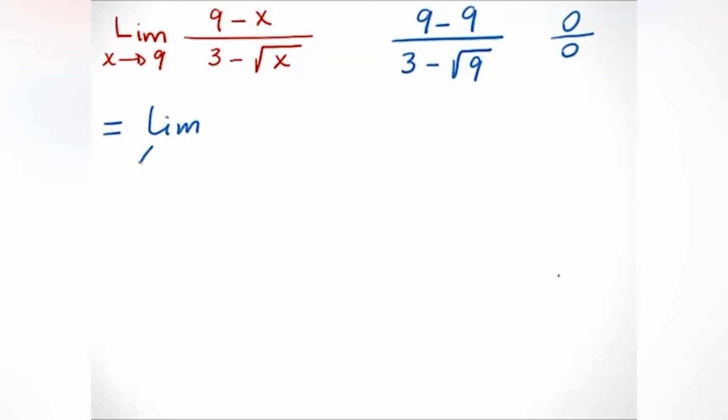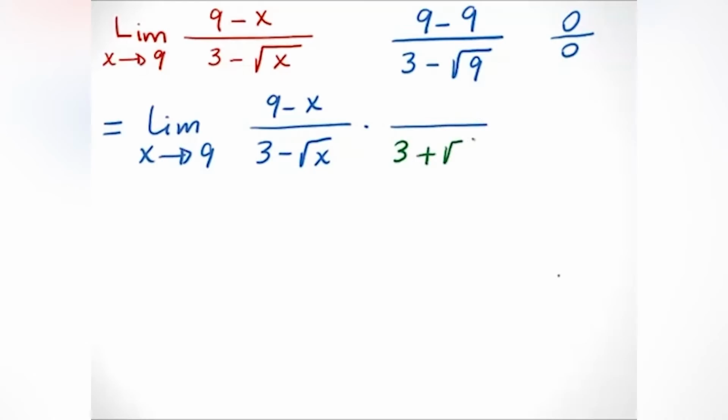So this is the limit as x goes to 9 of 9 minus x divided by 3 minus square root of x times the conjugate, which is 3 plus square root of x, and I'm just multiplying by 1.